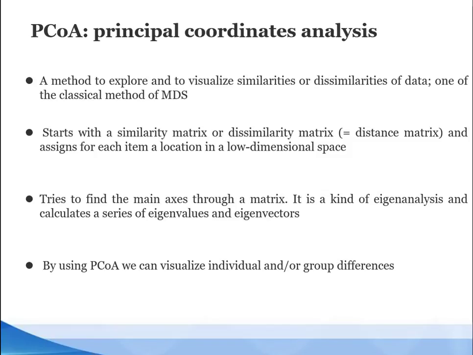It starts with a similarity matrix or dissimilarity matrix and assigns for each item a location in a low-dimensional space. But it is a kind of eigenanalysis and calculates a series of eigenvalues and eigenvectors and tries to find the main axis through a matrix.